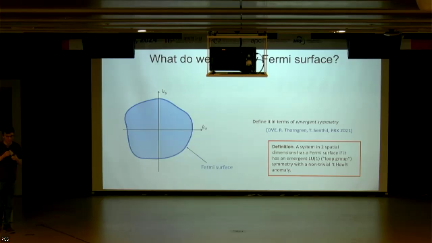Okay, I see. So a bunch of nested Fermi surfaces would have larger anomaly coefficient in general? Well, if they sit on top of each other, yes. If they're separated, then you would actually change the loop group. Rather than maps from a circle into U1, you would consider maps from disjoint unions of circles or something, and then that would have anomaly coefficient 1. Okay, thanks.